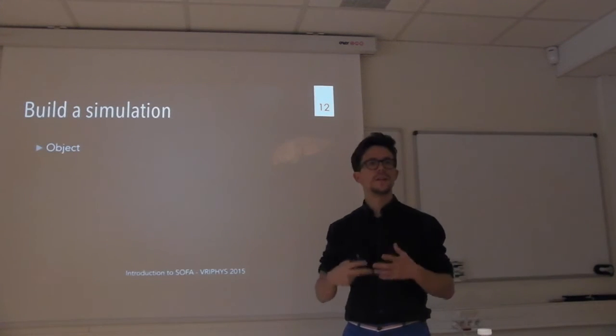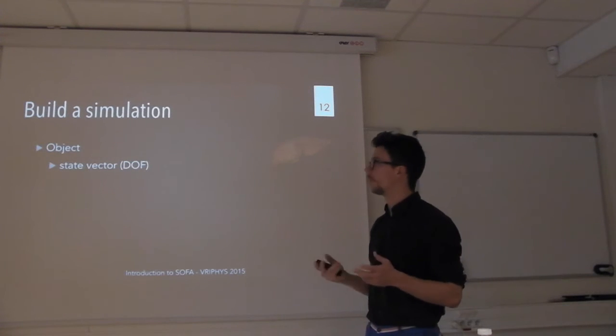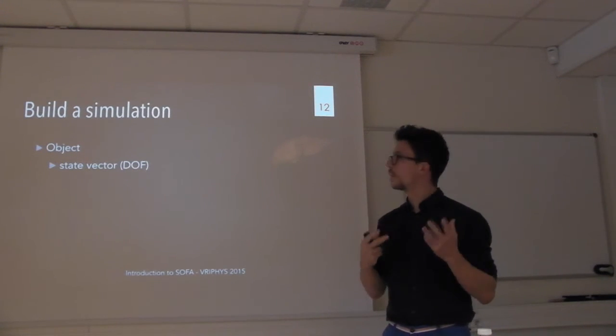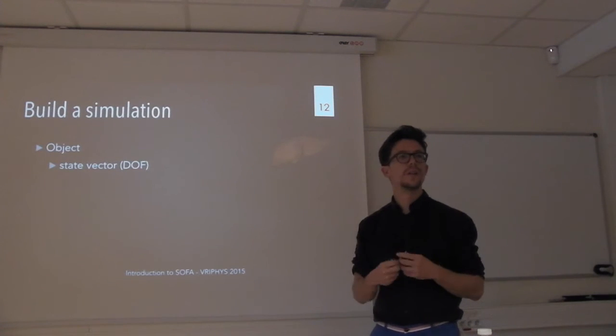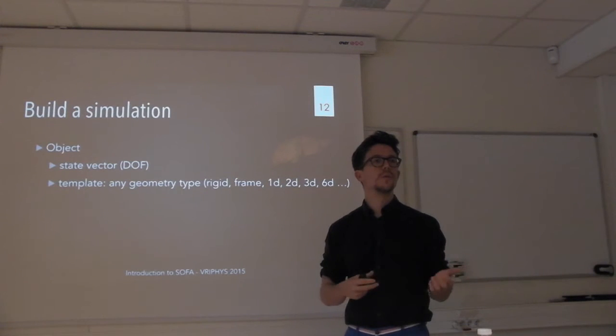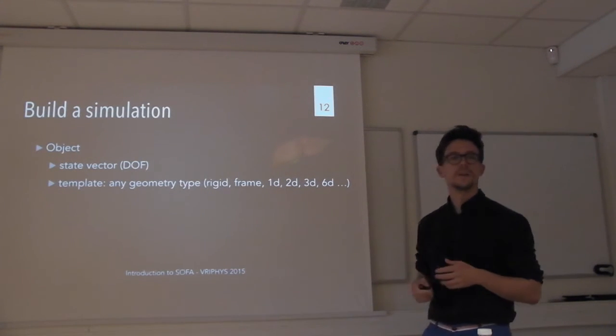If you want to simulate an object, a deformable object, or even a rigid object, you will have to define in SOFA a state vector, which includes all the degrees of freedom of your object. Then, depending on what you want to simulate on this object, you can have different kinds of degrees of freedom.